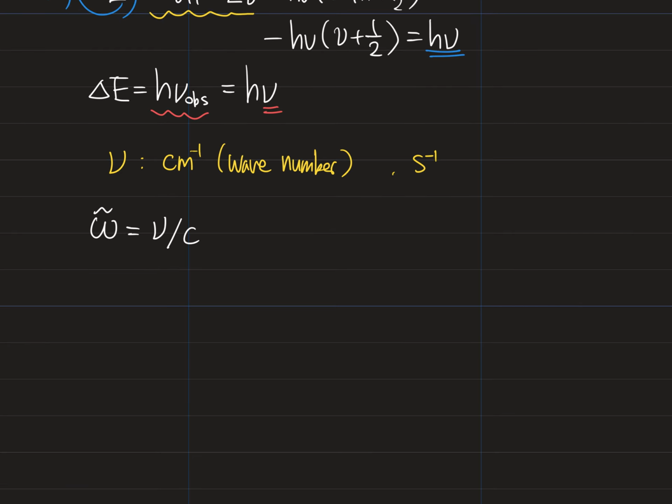So let's take a look at the example of hydrogen chloride. The observed fundamental absorption for hydrogen chloride is about omega tilde of 2886 wave numbers.